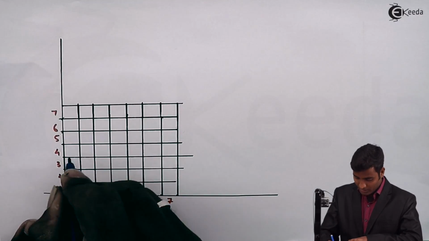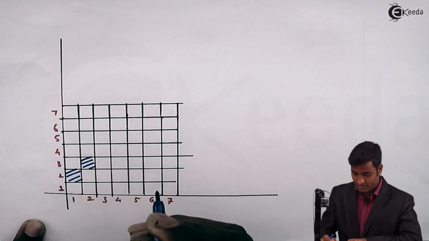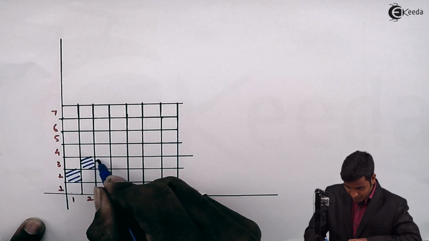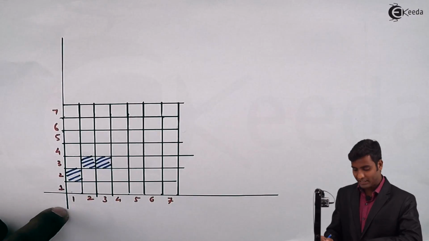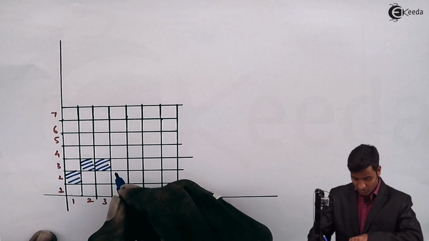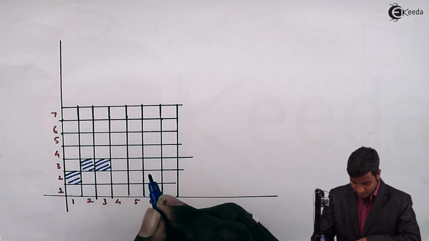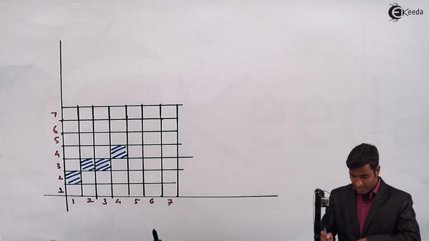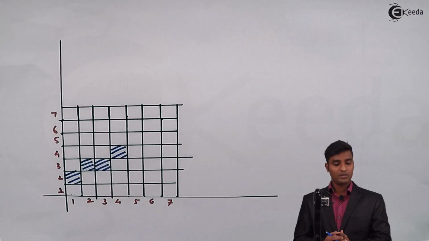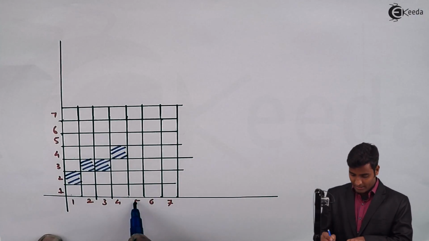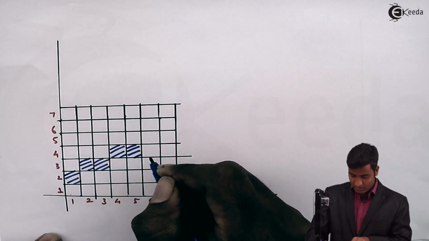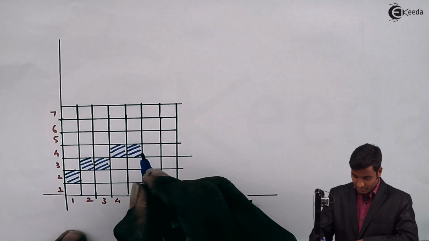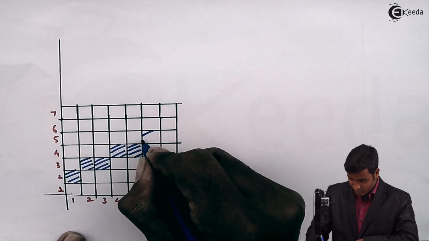The next coordinate is 3 comma 3, so it will come somewhere here. The next coordinate is 4 comma 4, so it is coming somewhere here. The next coordinate is 5 comma 4, so it is coming here. And the last coordinate is 6 comma 5, so it is coming somewhere here.